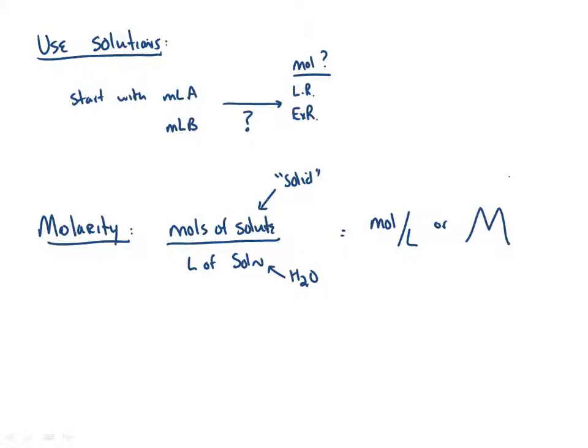And if you can keep this in your mind to a certain extent, then what you'll find is that the problems we're doing today are very similar to the problems that we did the last couple days. And that's that basically molarity is the solution equivalent of molecular weight for solids.